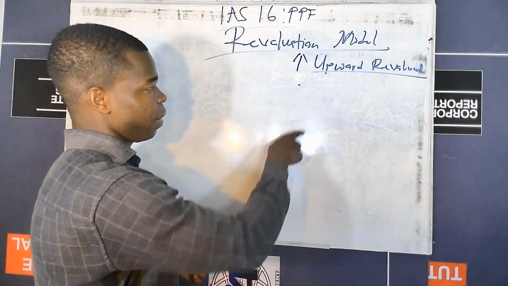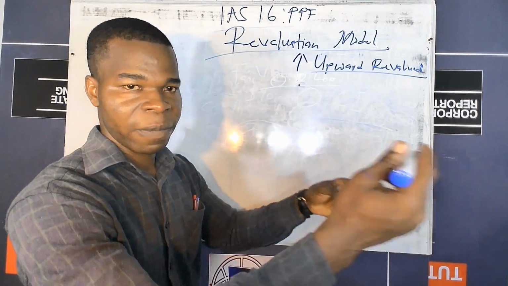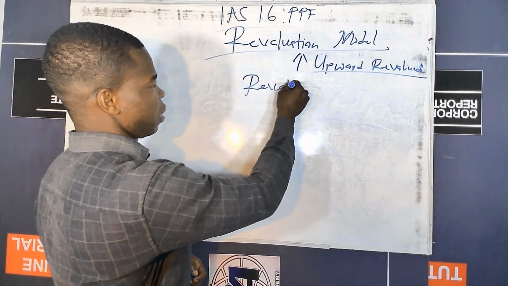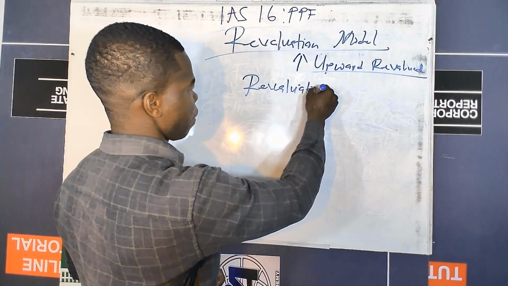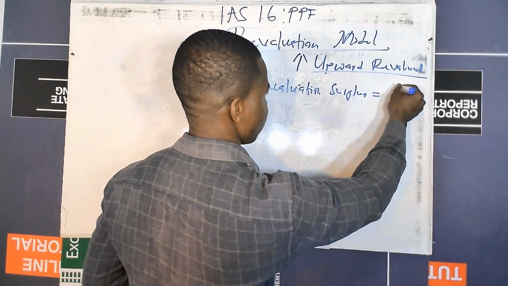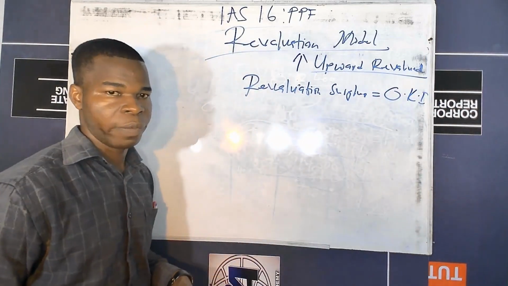So please remember that the upward revaluation will give rise to what we call revaluation surplus, which is always treated or taken towards other comprehensive income, with the upward revaluation.